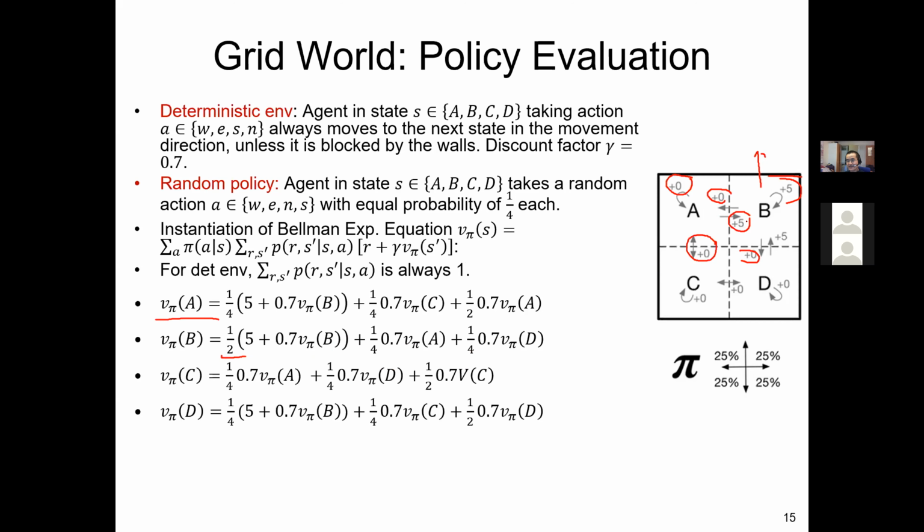So any state that goes into B gets a reward of 5. Even if you're in B and you go back to B, you still get a 5. And similarly for C and D. So C has no chance of going into B. So either stays in C or goes into A or goes into D, but in all these cases, it gets a reward of 0.